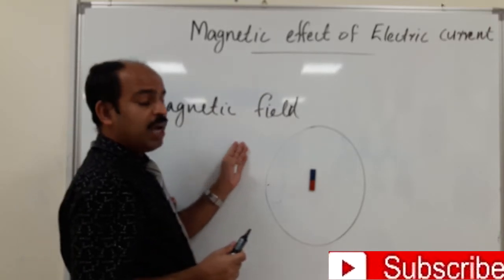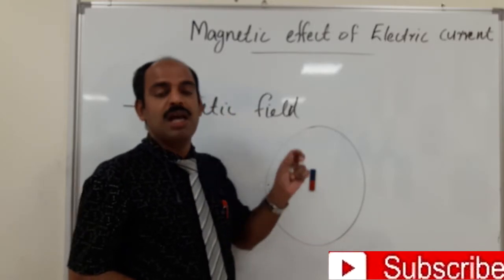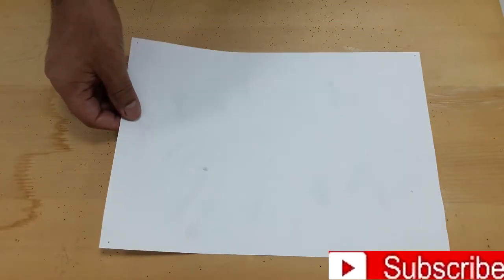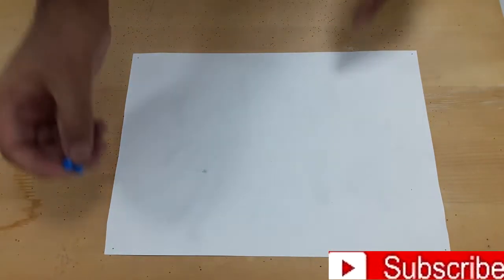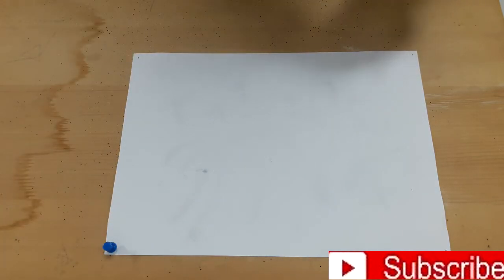We can find out the magnetic field of a bar magnet by using a simple activity. Take one white paper and fix it on a board using thumb pins.